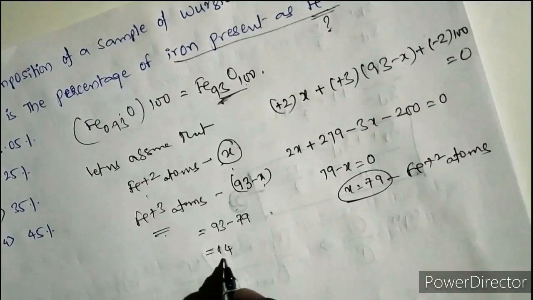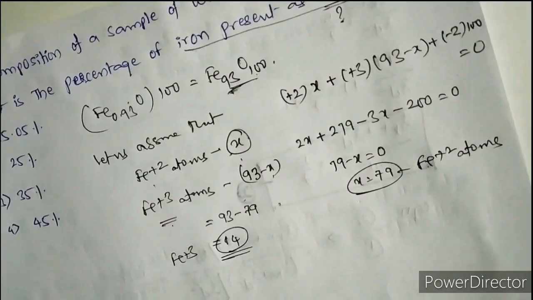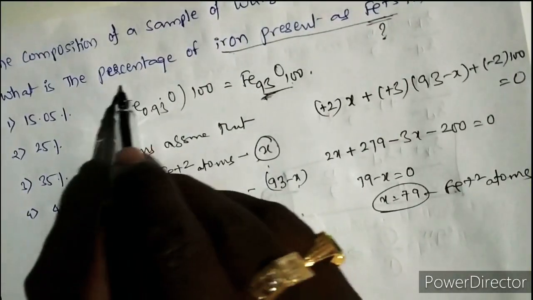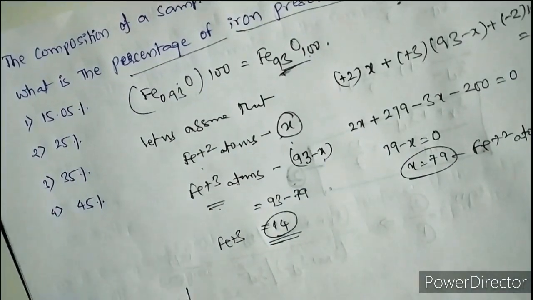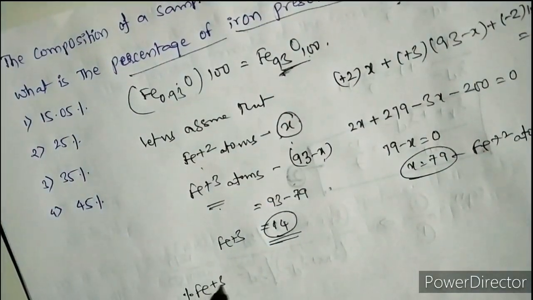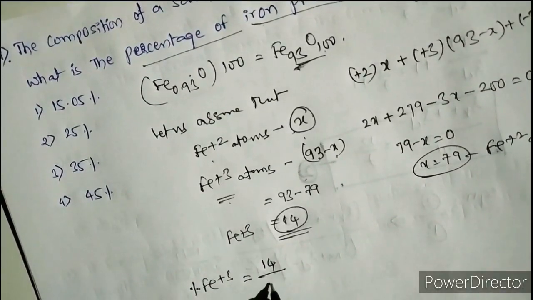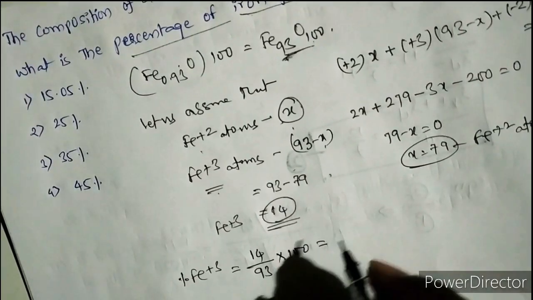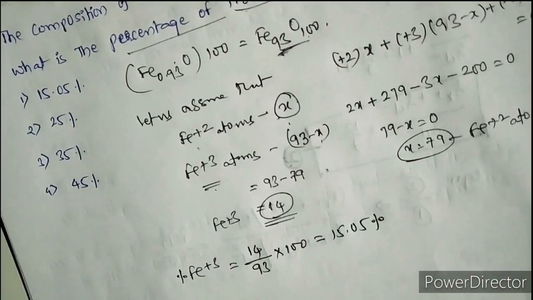These 14 atoms are present in plus 3 oxidation state. But what is the question? Percentage of irons present in plus 3. So I'll find the percentage of atoms in plus 3. Percentage means how many atoms are there? 14 by total number of atoms, 93, into 100. How much are you going to get? It is around 15.05.